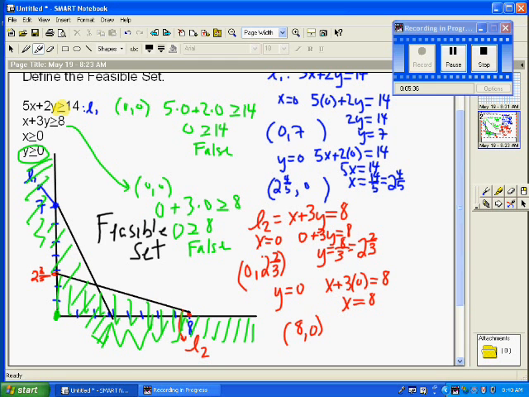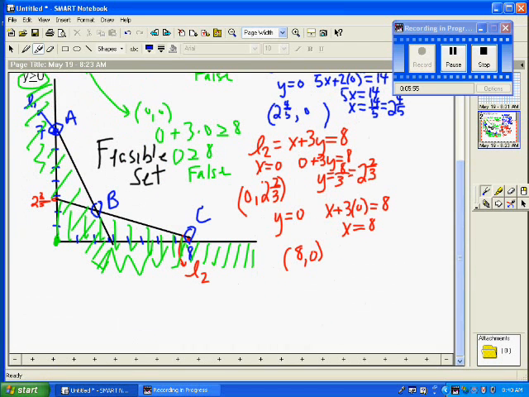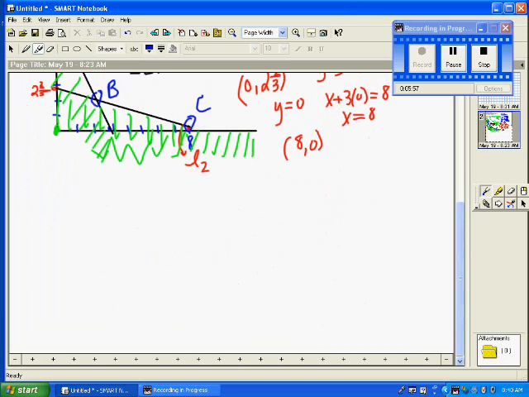My only last issue to figure out is I've got to define my feasible set by giving the vertices. There's point A, here is point B, and then here is point C. Now when I think about those, I'm going to go ahead and label them.